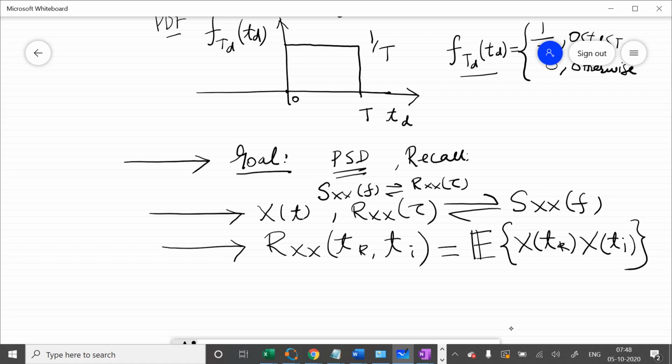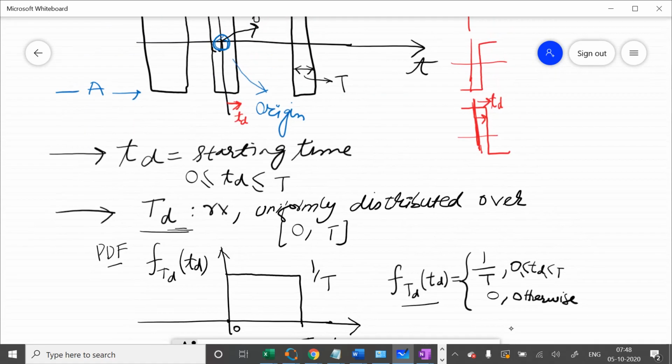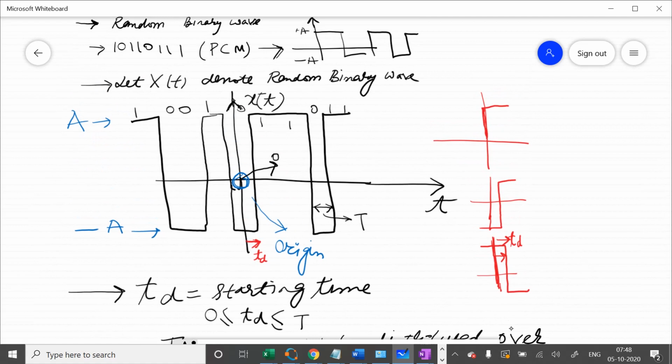Now these are two different time instants, tk and ti, two different points. Let me go back to this figure. Suppose tk is this and ti is here. This is one case.